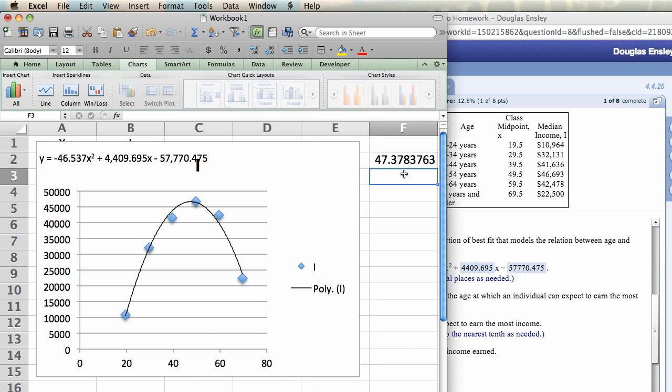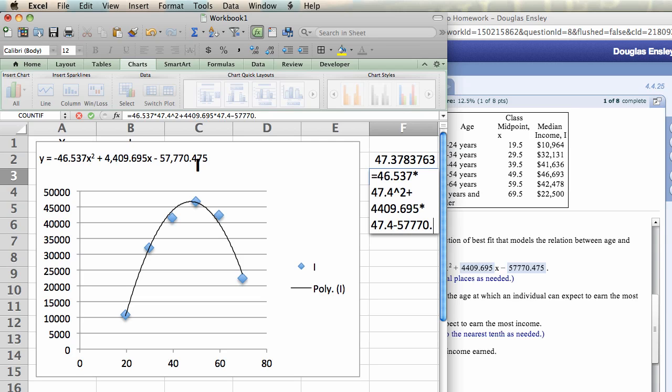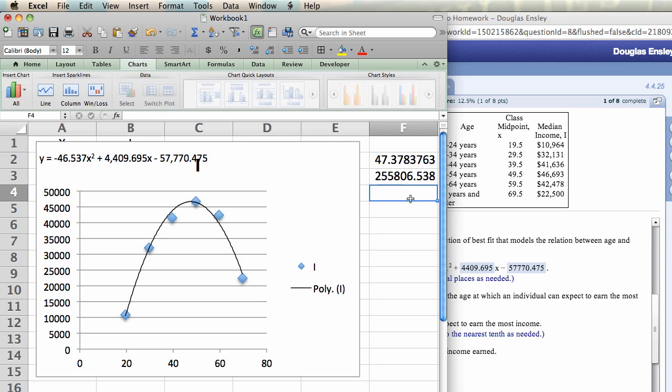Now the y-coordinate at that level is going to come from plugging the x-coordinate into the formula. So again, I can use Excel as a calculator, or you can use your own calculator. But if I just type negative 46.537 times 47.4 squared, I'm just using the x that I gave earlier, plus 4409.695 times 47.4 minus 57770.475, and I get, ooh, that's not right.